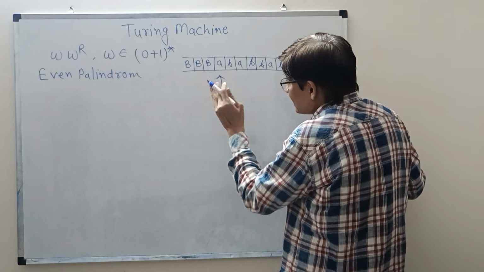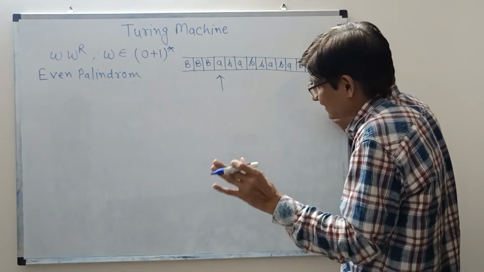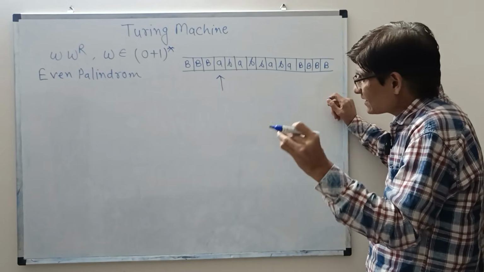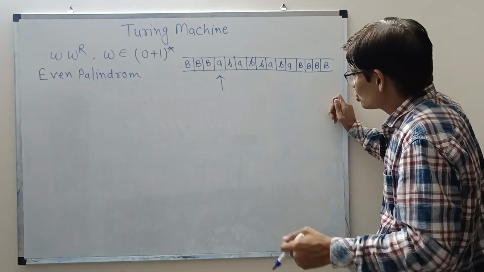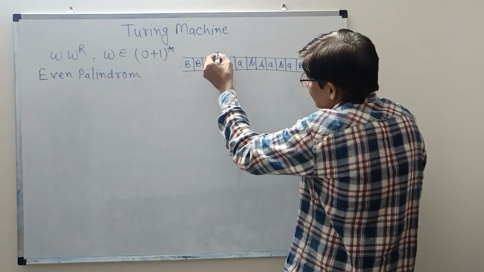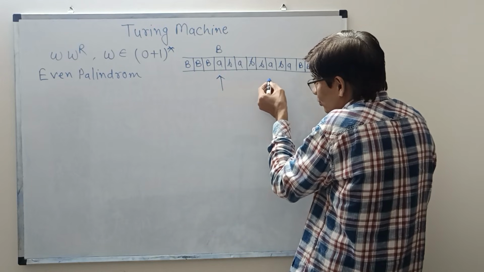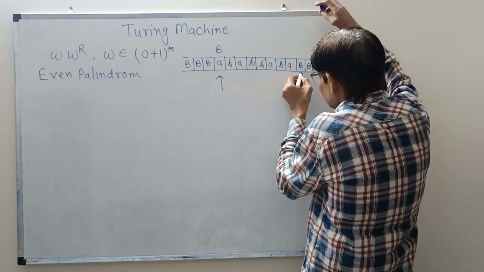One phase of Turing processing will contain changing the first and last symbol into blank. So first we will convert this A into blank, and then we will skip all these symbols till we get a blank. So here we will get blank.